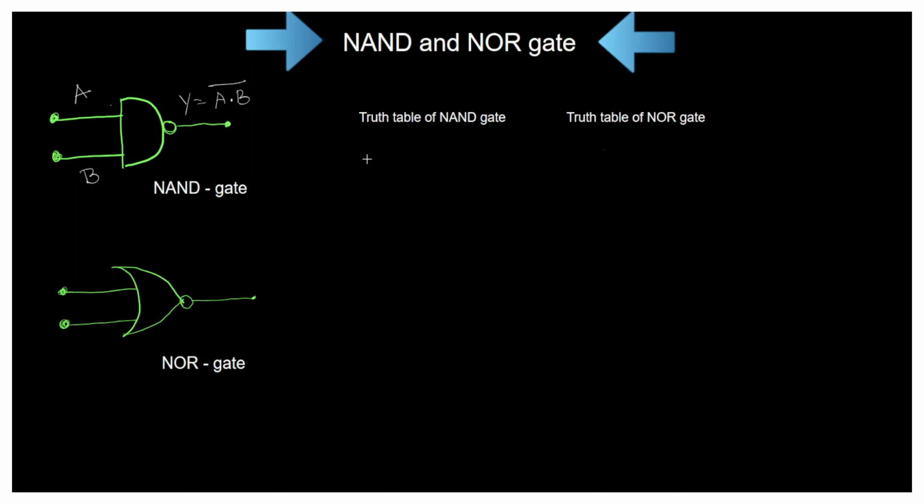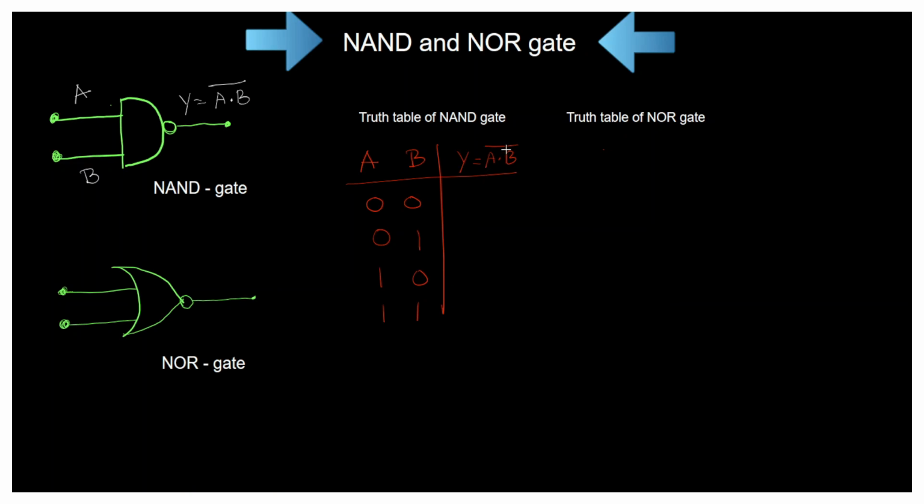So this is the truth table of a NAND gate. A and B are input and Y is output. At the output we are basically getting (A dot B) bar. Now 0 0, 0 1, 1 0 and 1 1.